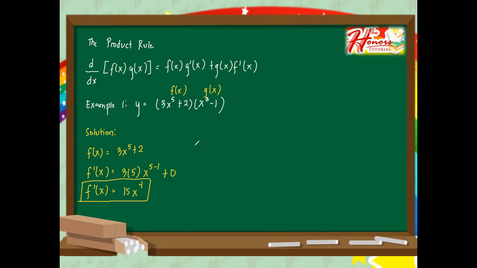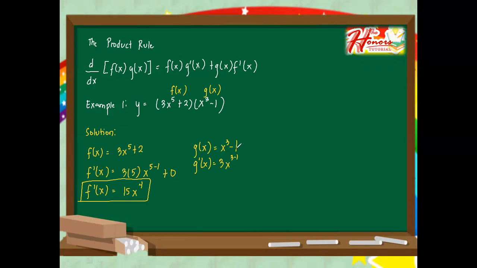For g prime of x, let's have g of x, and that is equal to x cubed minus 1. And then after that, let's get g prime of x. And then same process, just bring down 3 here, which is your exponent, and then x raised to 3 minus 1.